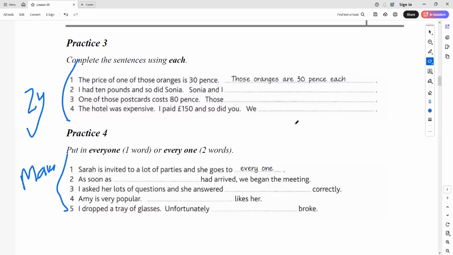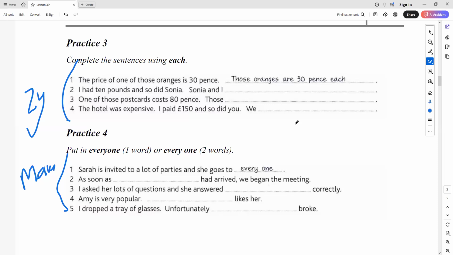Those oranges are 30 pence each. I had 10 pounds and so did Sonia. Sonia and I had 10 pounds each.